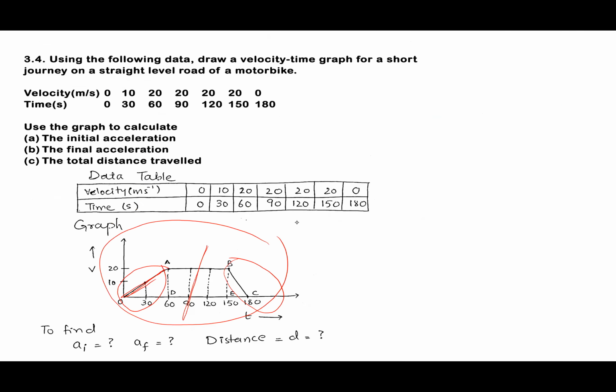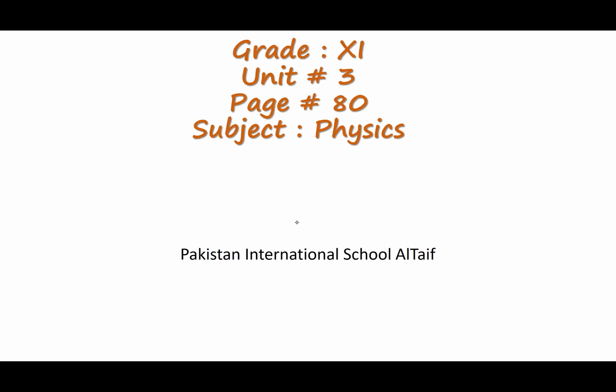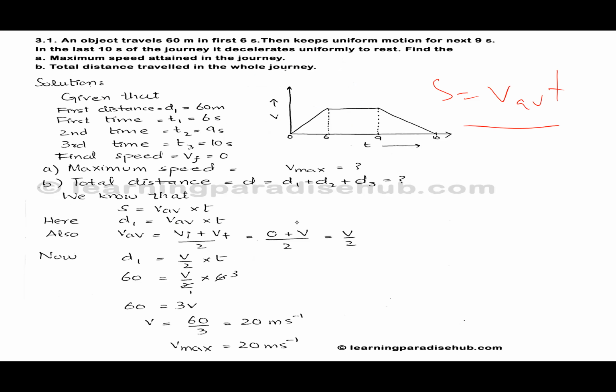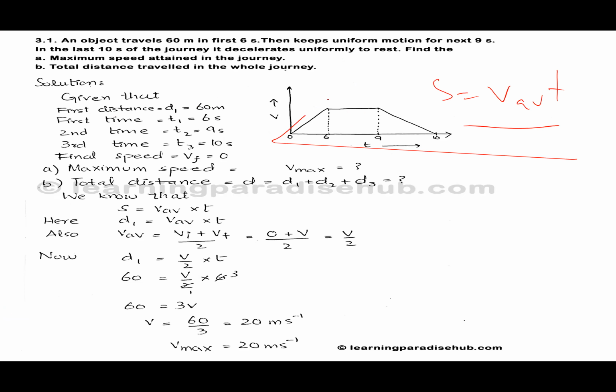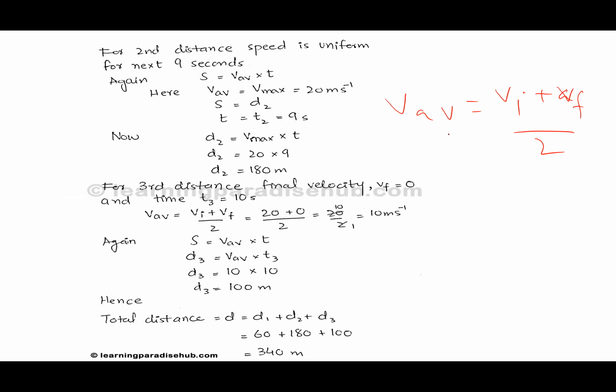Now again see, here you will use S is equal to V average into T. By using this equation, you can find the distance traveled during this journey, and this journey, this one, and this one.